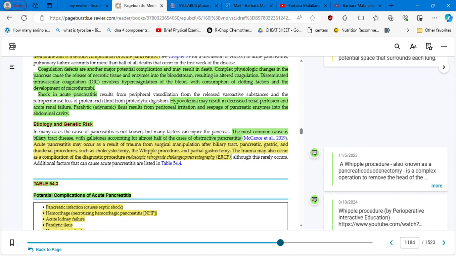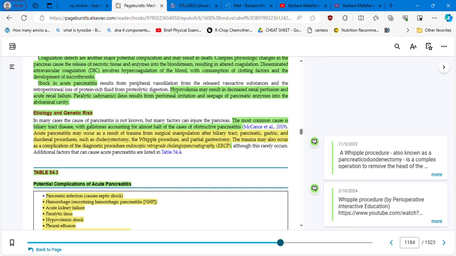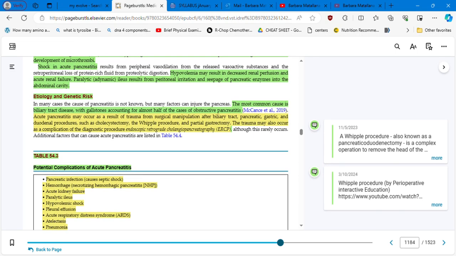Shock in acute pancreatitis may occur. Hypovolemia, we spoke about that, that is coming with the hemorrhage, right? Also, paralytic ileus results from peritoneal irritation and seepage of pancreatic enzymes into the abdominal cavity.